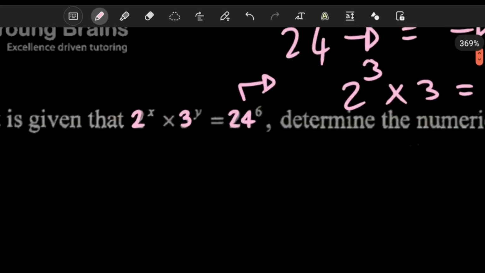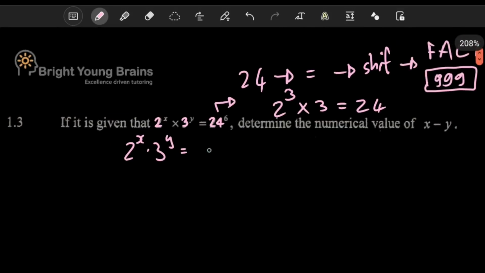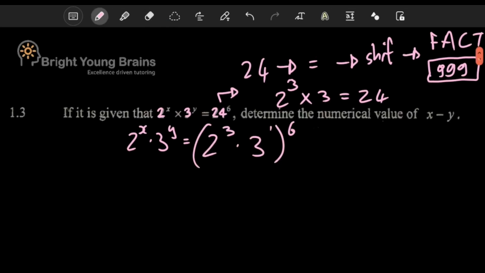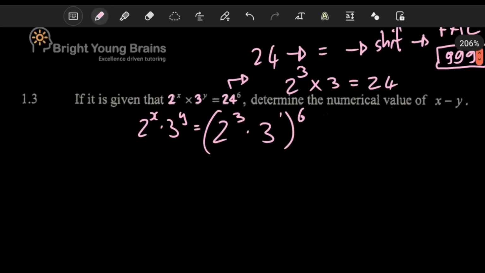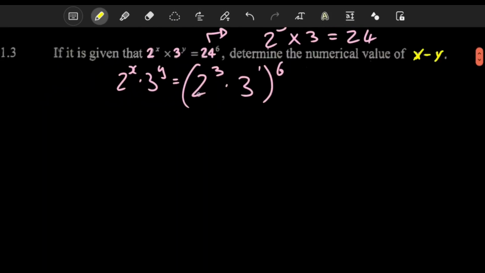moving on. So here we have 2 to the power of x, and then here the 24 can be written as this. Don't forget that that whole thing is still to the power of 6. So obviously, with all that we have done so far, they want us to eventually get a value for x minus y. This does not look so bad, because all you want to do is the left side, nothing is happening there.